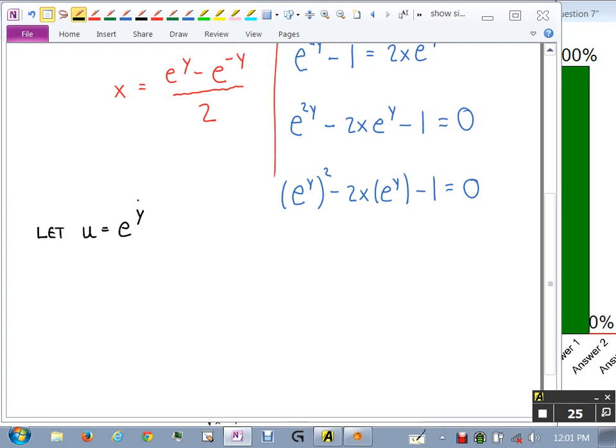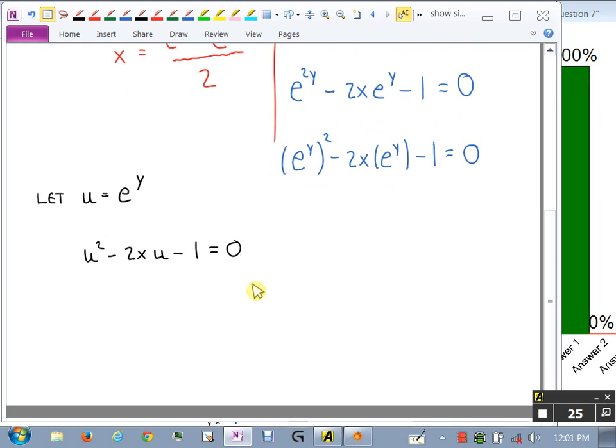Okay, so if I rewrite this problem, replacing the e to the y's with u's, what would I get? U squared minus 2xu minus 1 equals 0. Now, I think this is the great thing about this, all right? I hope you are all very comfortable with the idea that if someone gives you ax squared plus bx plus c equals 0, that this is a quadratic equation, and we can always use a quadratic formula on it, right?